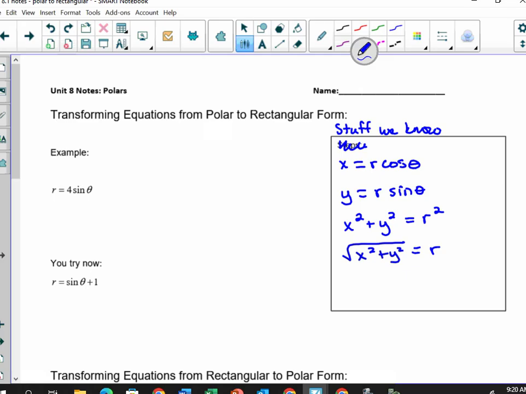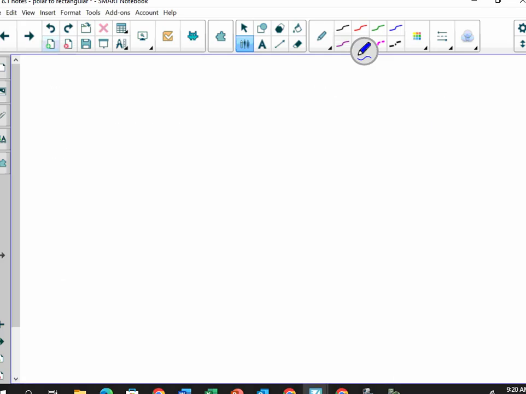Now, if I have the square root of X squared plus Y squared, is that just X plus Y? It feels like yes, but no. Is that equal to that?